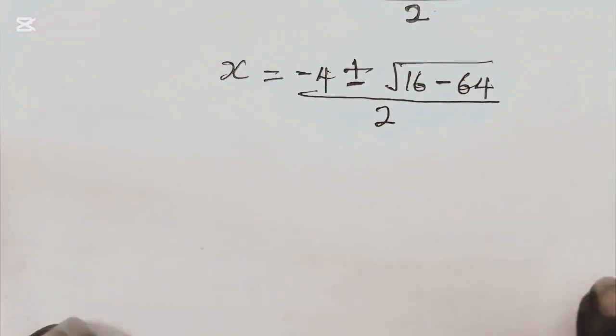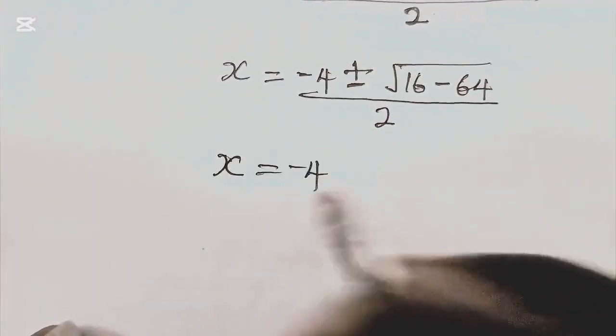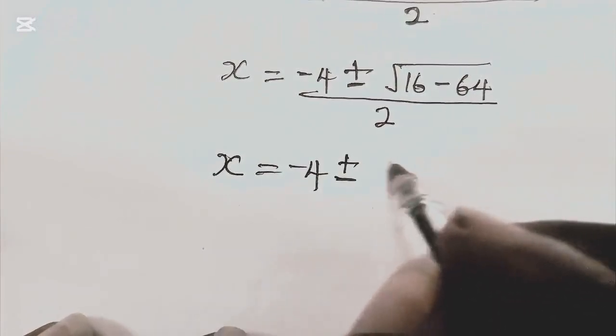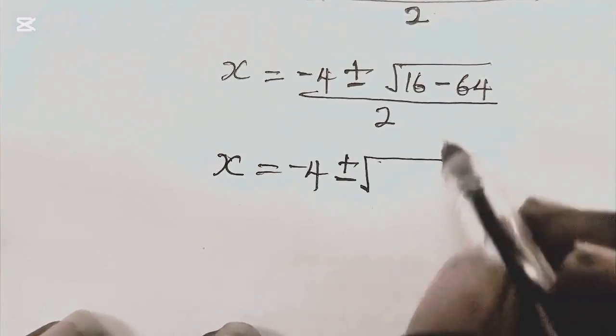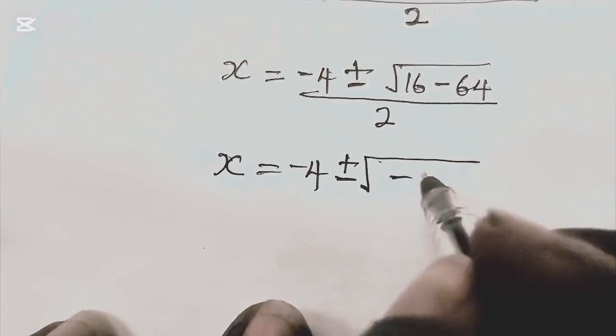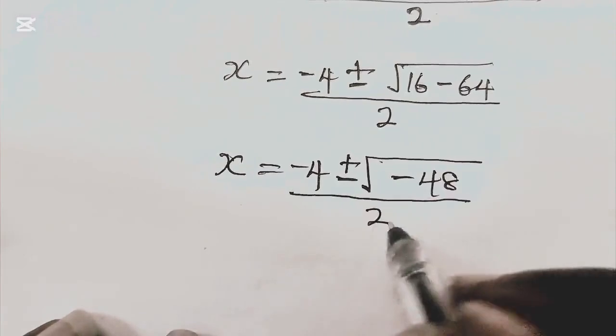Now, here we still have x equal to minus 4 plus or minus, what do we have here? We have 16 minus 64, that gives us minus 48 divided by 2.